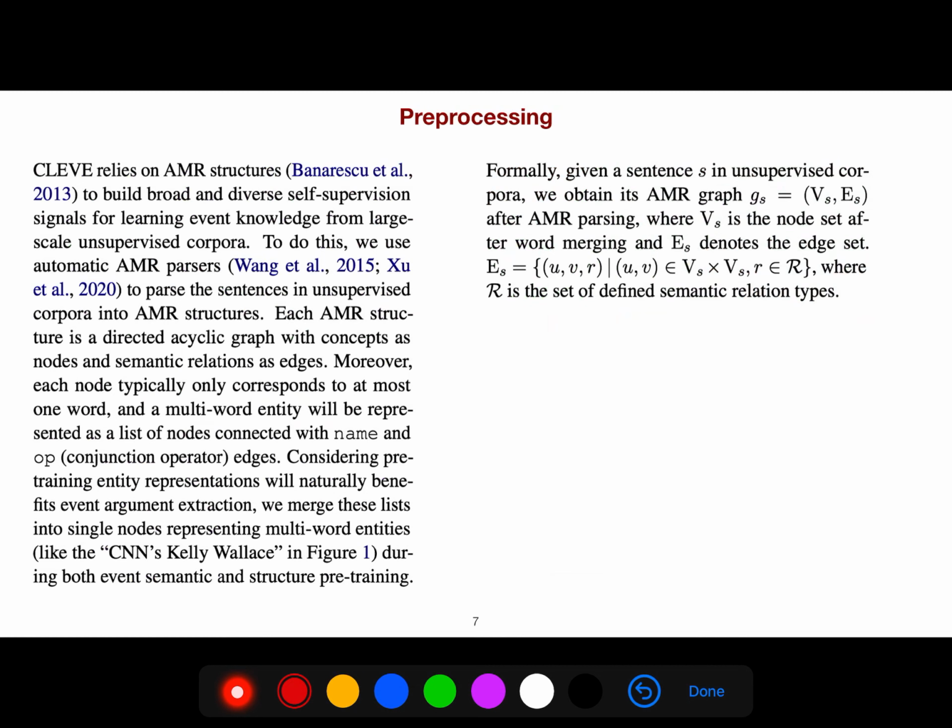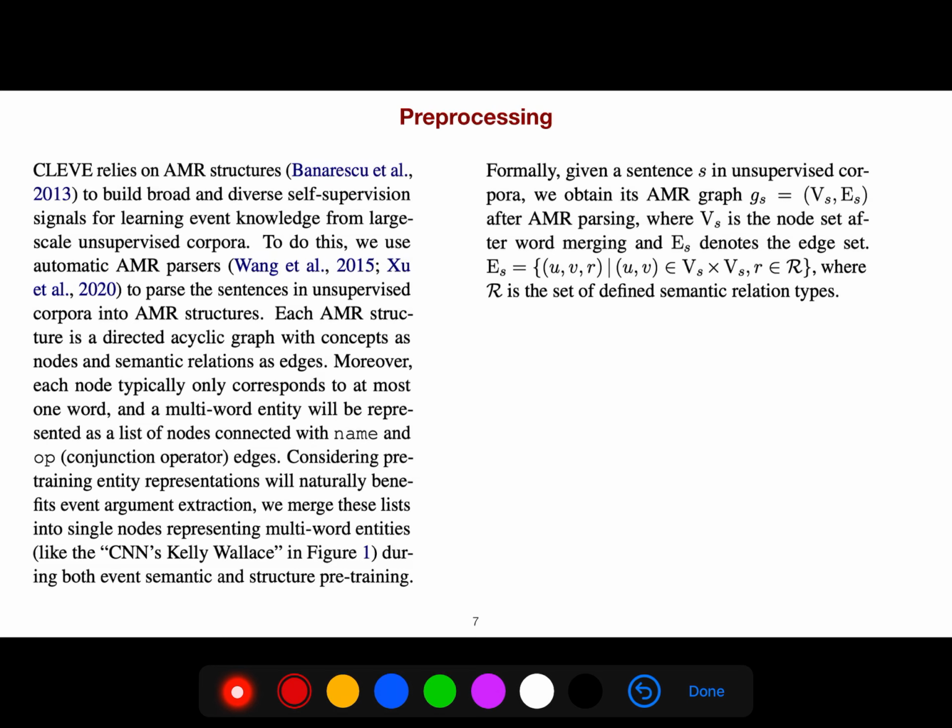CLEVE relies on AMR structures to build broad and diverse self-supervision signals for learning event knowledge from large-scale unsupervised data. And we use automatic AMR parsers to parse sentences in unsupervised corpora into AMR structures. Each AMR structure is a directed acyclic graph with concepts as nodes and semantic relations as edges.